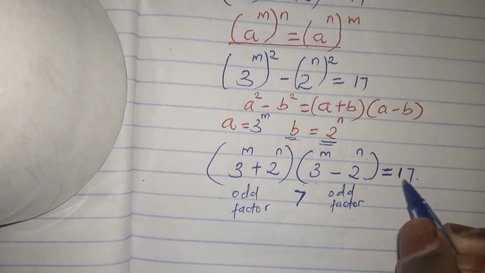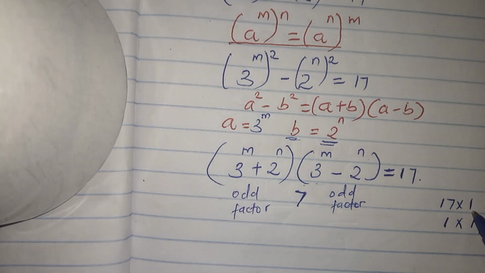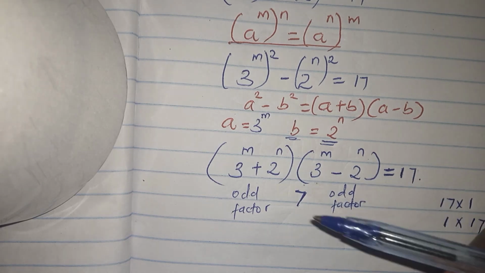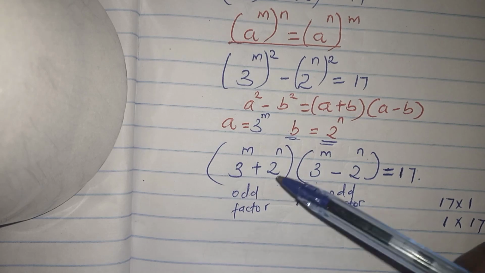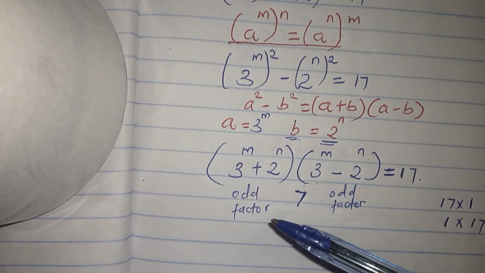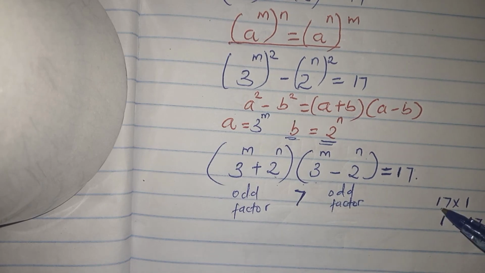So we will look for the factors of 17, which is 17 times 1 or 1 times 17. So these are the factors of 17, and these are odd factors, and 3 to the power of m plus 2 to the power of n is the greatest. So we will equate the greatest factor with the greatest factor and the smallest factor with the smallest factor.